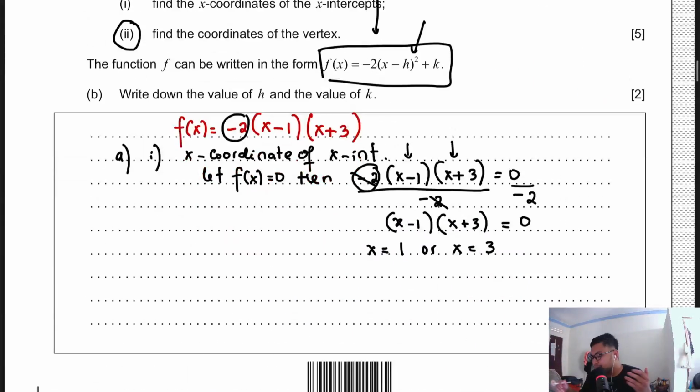So you can just find the axis of the vertex, and then you plug into the function, and that's all.